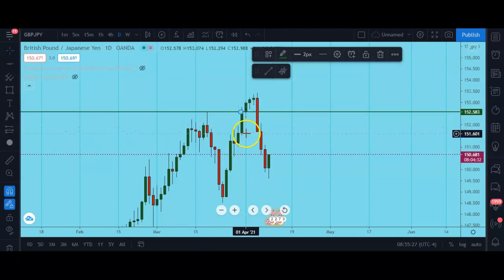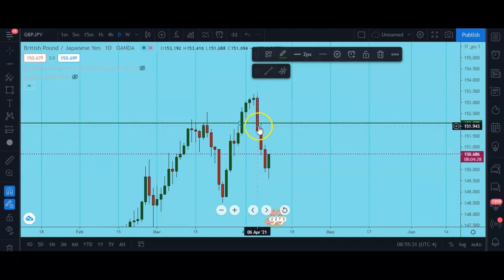You can see further why price stopped right here in this candle. This is resistance. This candle did break and close below just this support and resistance level right here. So it could be about that. But if you go down to a lower time frame, you can see it better.